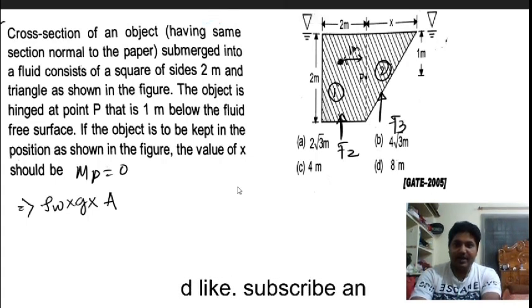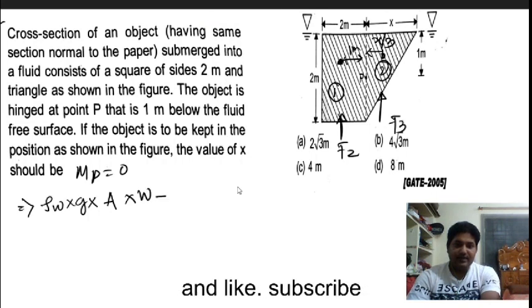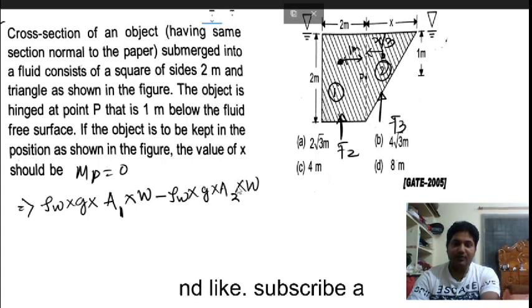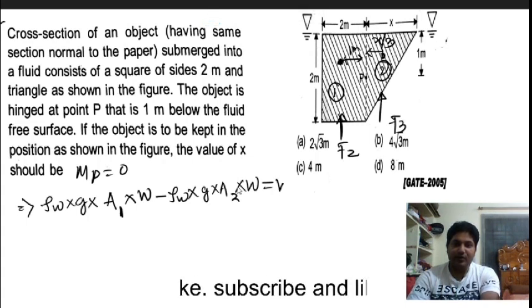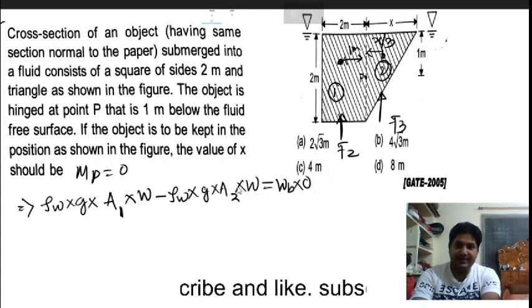And this is also the center of the triangular part, this is x by 3 meter. So area into width, minus rho g, area of the triangular part. This is the area of the first, this the area of the second, and the width is perpendicular to the board. The same will be equal to the weight of the body into 0, as there is no lever arm because the weight is acting downward at this point.